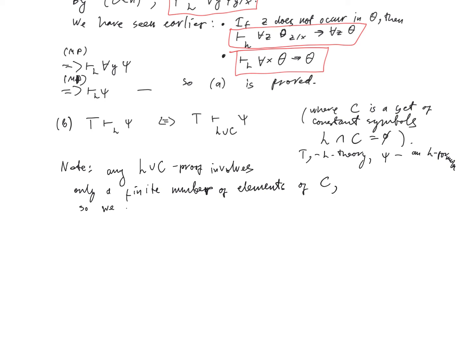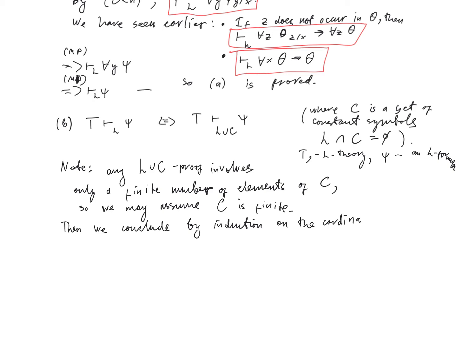So we may assume that the set C is finite. Then we can conclude by induction on the cardinality of this finite set C using the equivalence 1 is equivalent to 3 in item A.